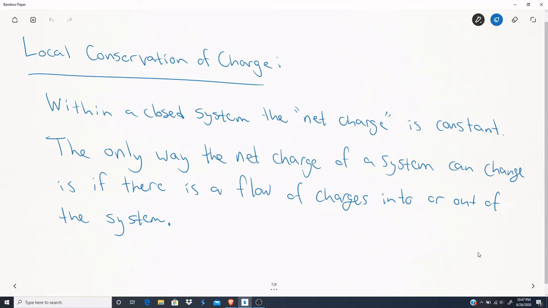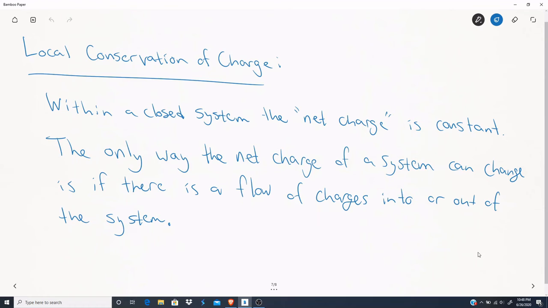Okay? So this concept is basically that the total charge of a system can only change by bringing charges in or taking them out. Now, I do want to be clear on what this does not say. This does not say that electrical charge can't be produced spontaneously.